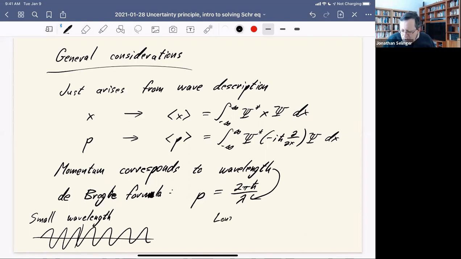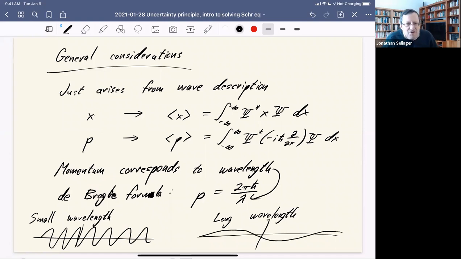And when you have a long wavelength, maybe it looks something like this. It doesn't go up and down so much.